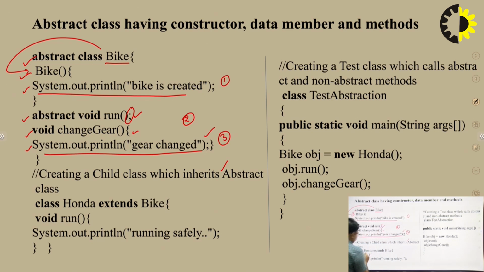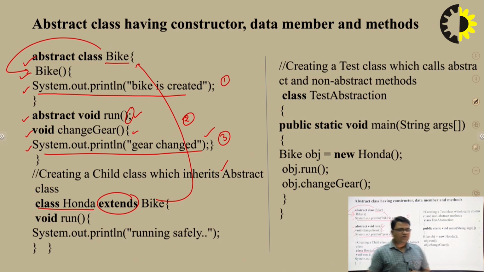Here the Honda class extends Bike. Bike is an abstract class. After extending, the constructor, abstract methods and non-abstract methods are all inherited in the Honda class, the derived class.